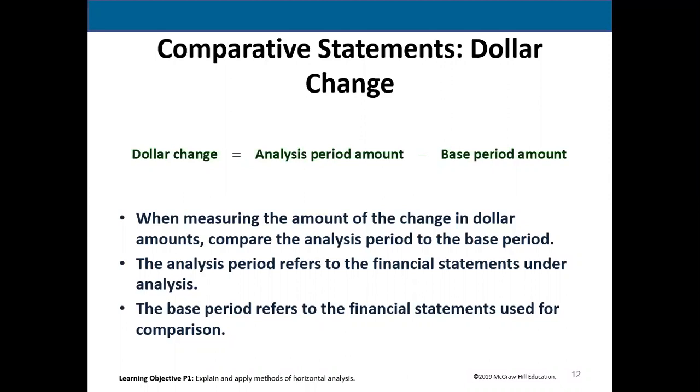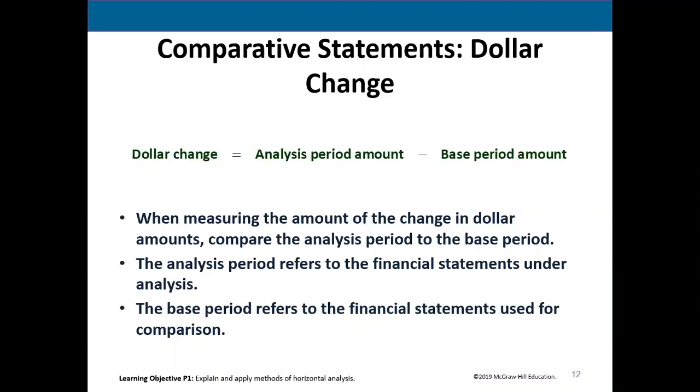So the first part of horizontal analysis is find out how the item changed dollar-wise. And you do that by taking the current analysis period, so it could be the current year, minus your base period amount. Analysis period is usually the current year.